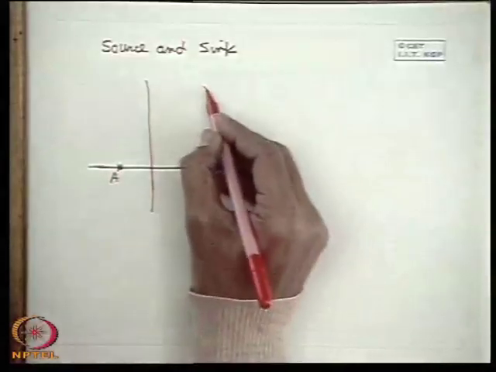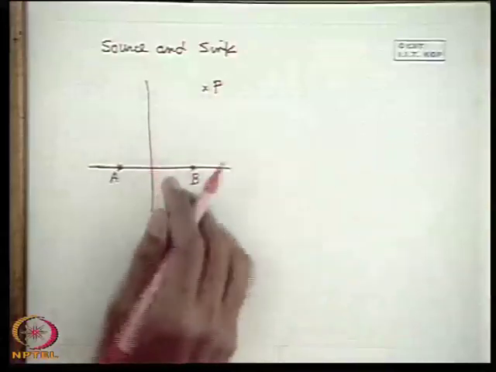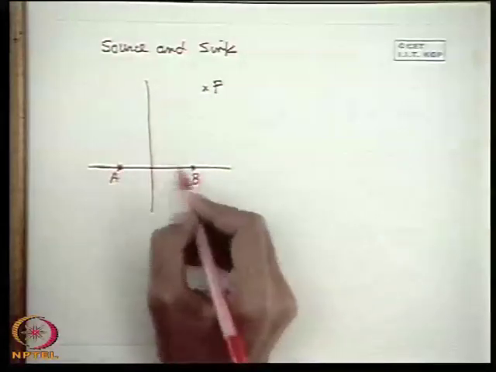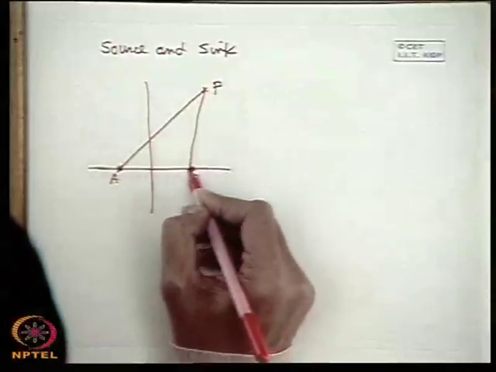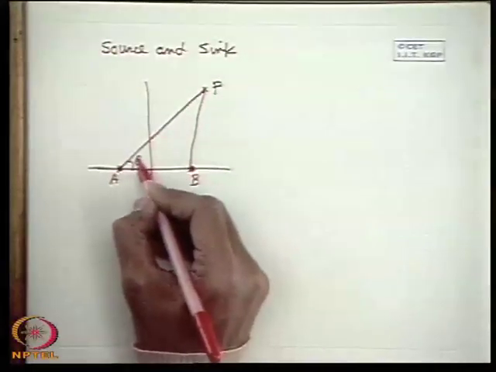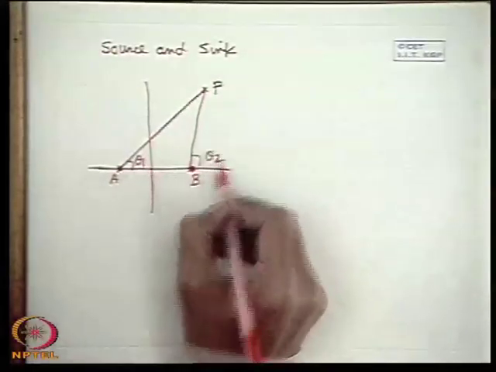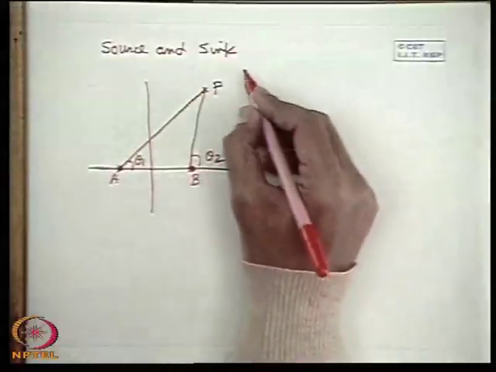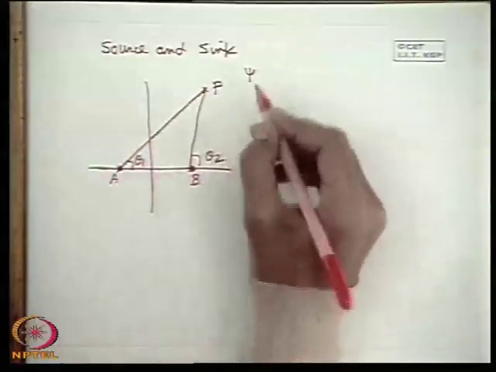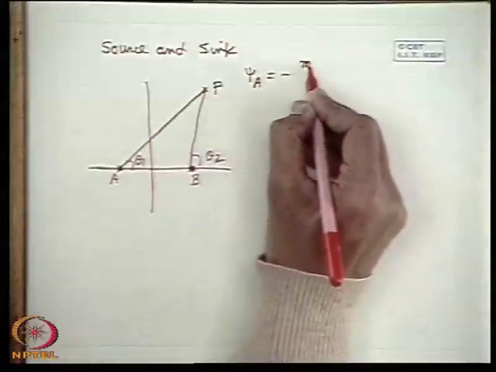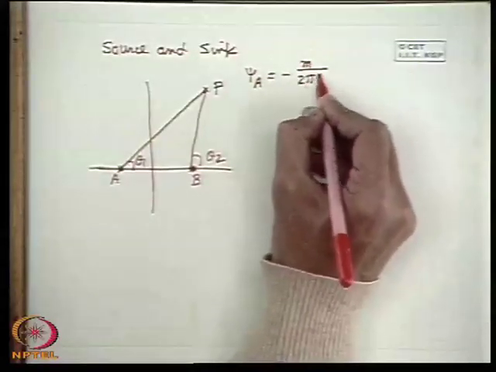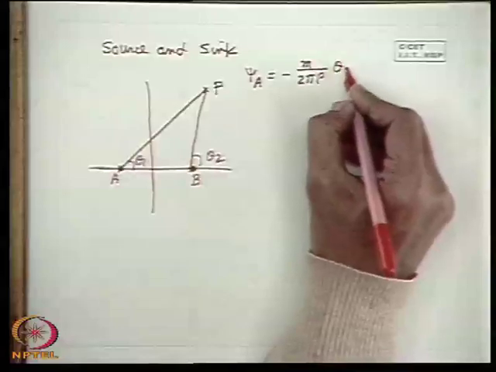Now if we consider a point P in the flow field generated by the combination of source and sink, and we join these two points, let these angles be theta 1 and theta 2. In a polar coordinate system, for the source, psi A is minus m by 2 pi rho theta 1.